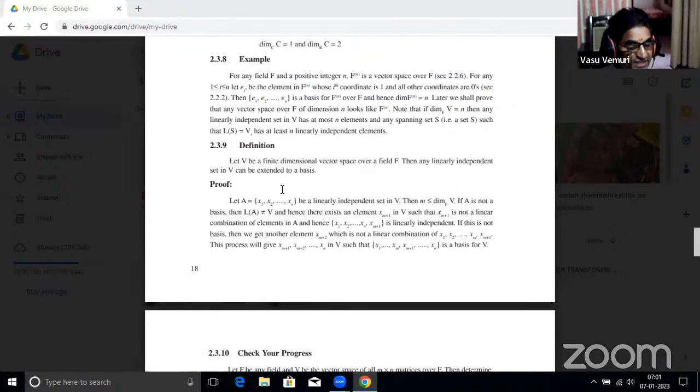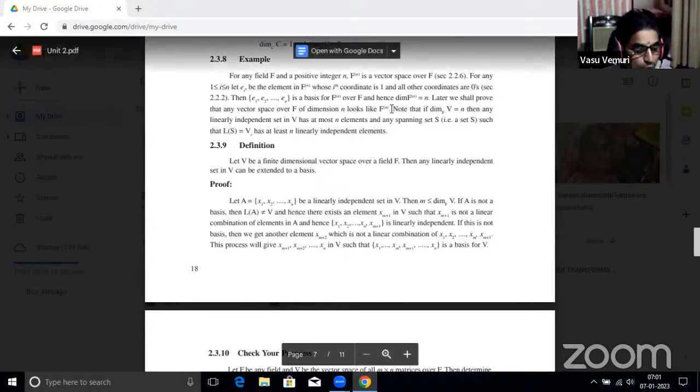Okay, next one. See the n-tuples of field elements. Here n is any positive integer, and F is any field. So the n-tuples of field elements form a vector space over F. That example was already derived in the vector space definition.